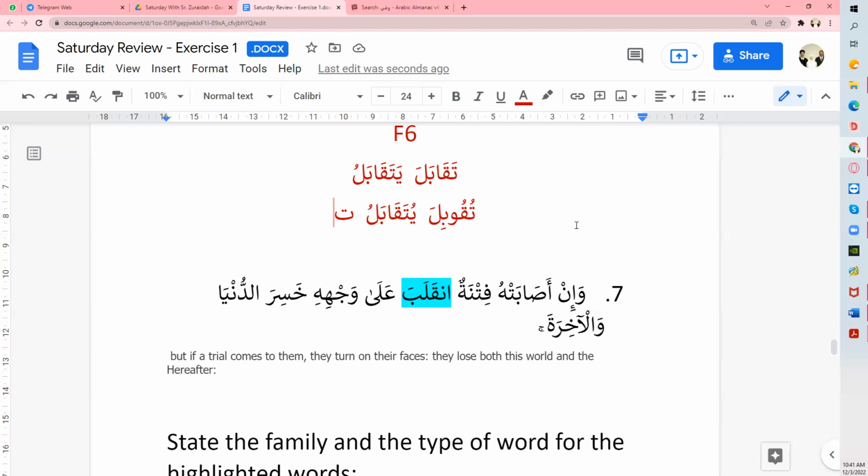What's the masdar for ta'awana? Ta'awunan. So now this becomes taqabulan.